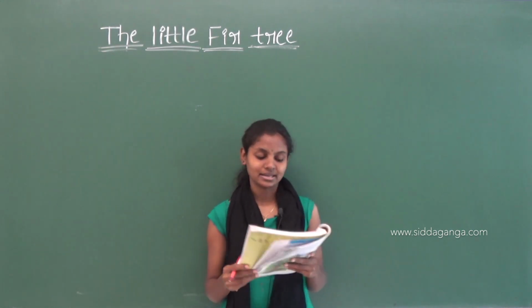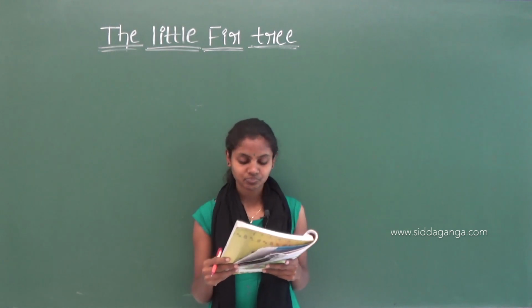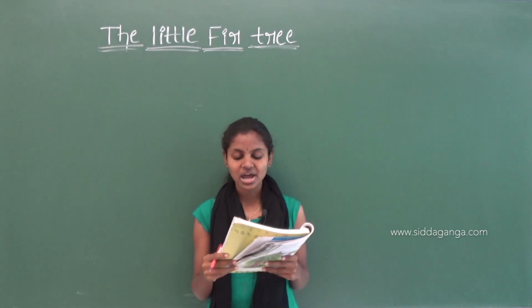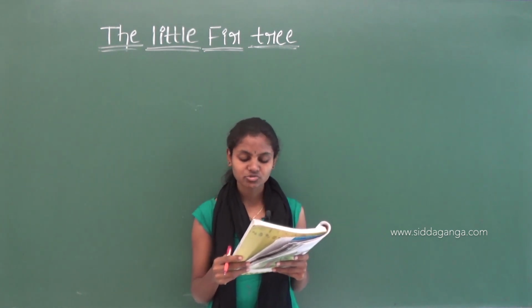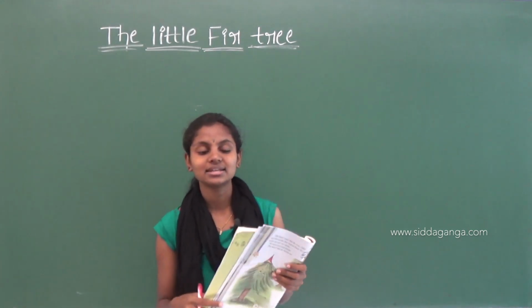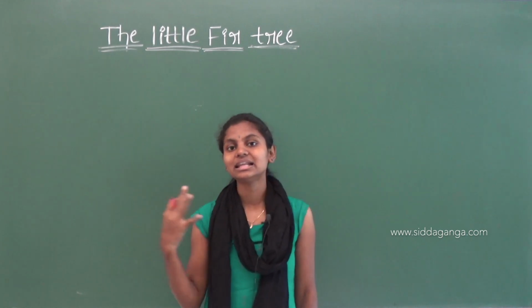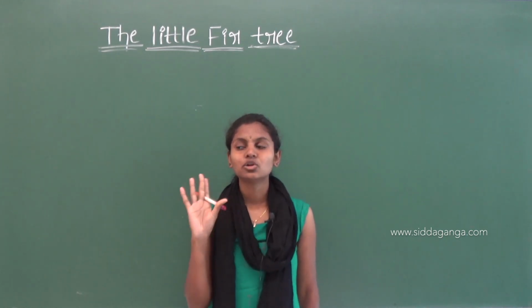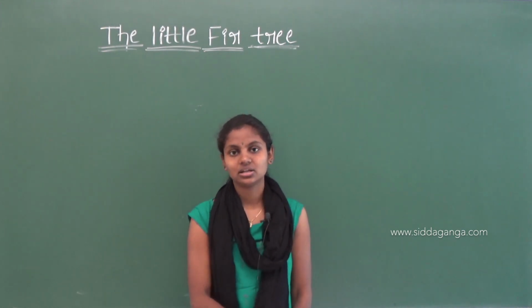Understood? Let's go to the second question: the fir tree was sad. Options: because it had yellow leaves, because it had needle-like leaves, because it was very short. Yes, we have learnt in the lesson that the fir tree was sad because it had needle-like leaves, so that no birds can build their nest in the tree, right?